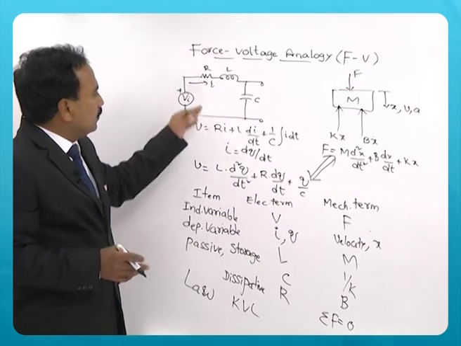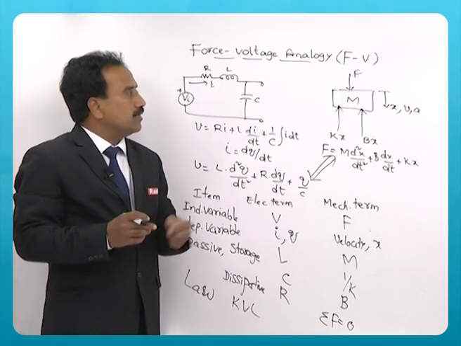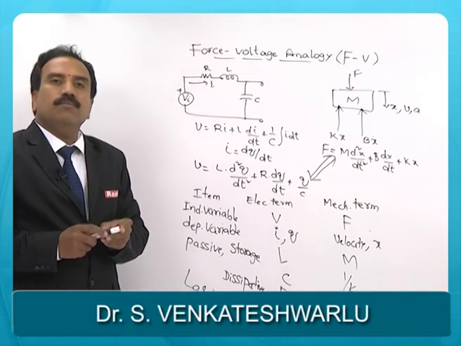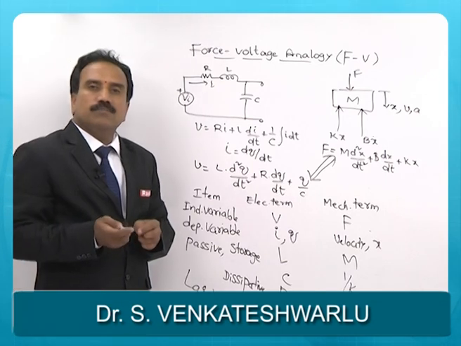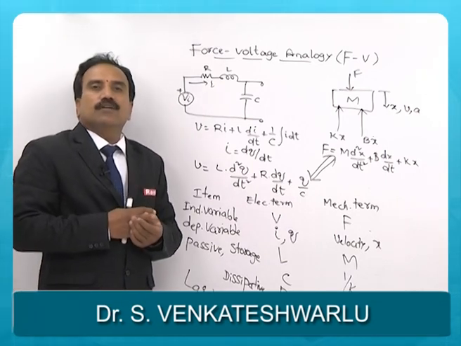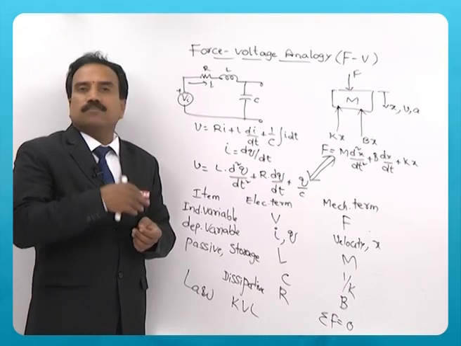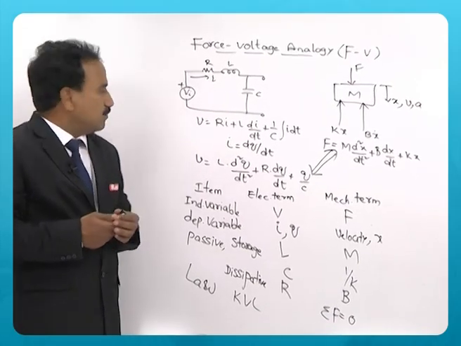So, that way you can have an analogy between electrical and mechanical systems, so that you can transform the given mechanical system into electrical system, make any modifications, and bring that system back into mechanical system.